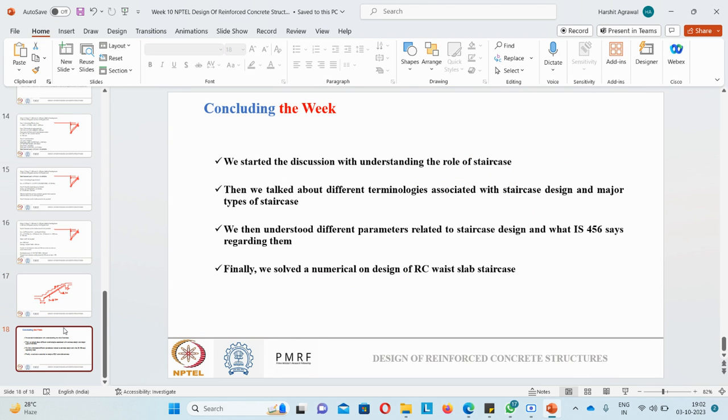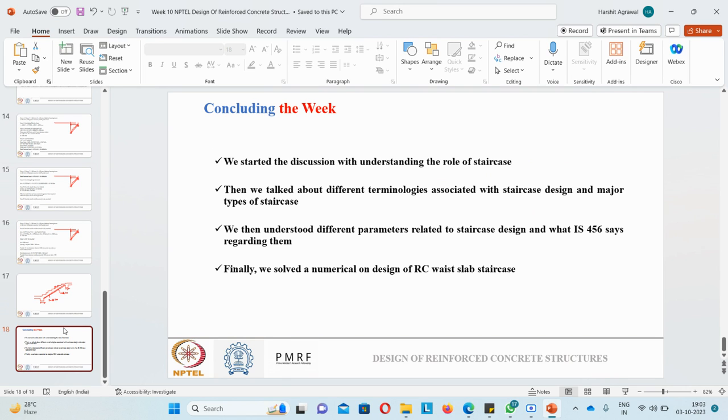Okay, so, just to conclude the week, we started the discussion with understanding the role of staircase. Then we talked about design terminologies associated with the staircase design and major types of staircase. So, what were those terminology? Tread, riser, flight, and everything that we talked. And major types of staircase were straight, dog-legged, and circular.